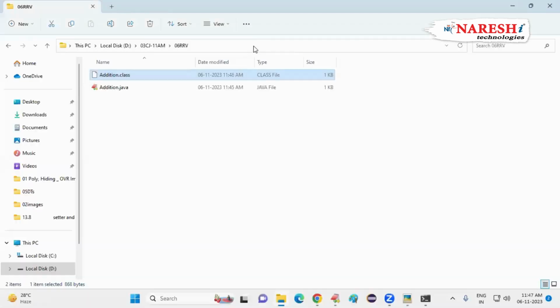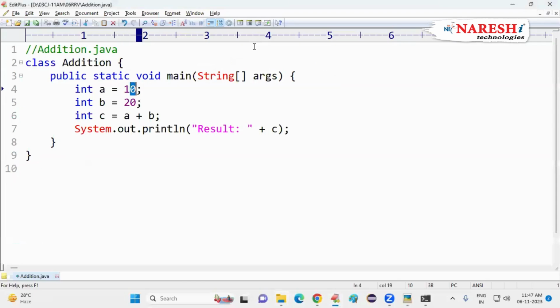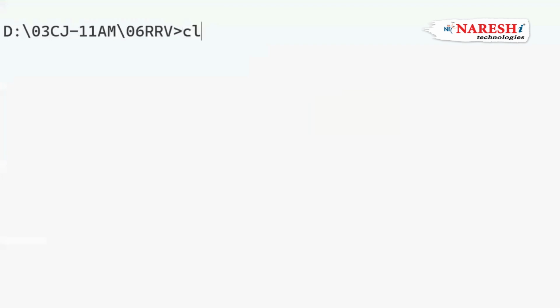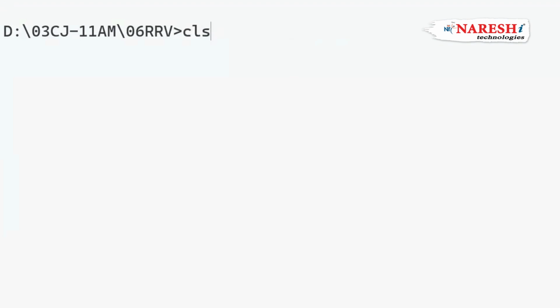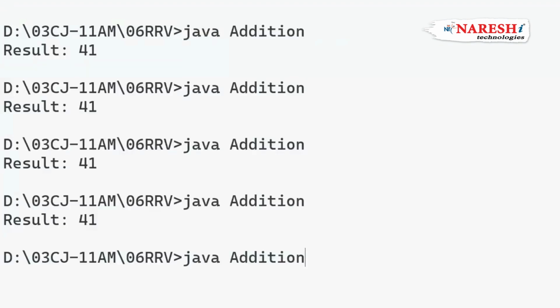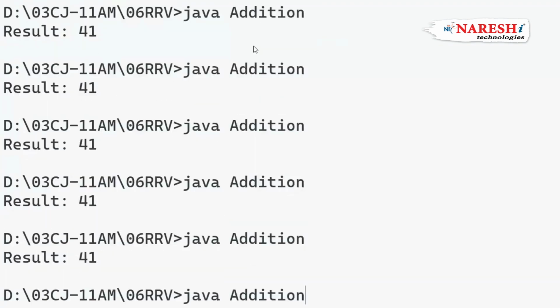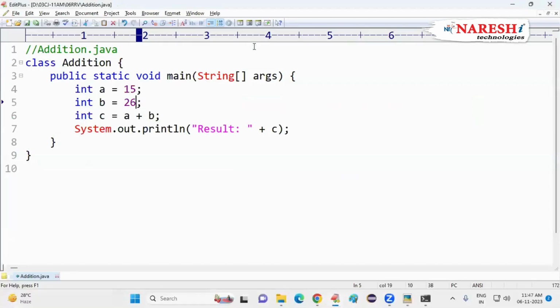Then as a developer, what you have to do? Open the source code again, change the values to 15, 16, 26, whatever, go to the command prompt, recompile, and then execute. New values will be added and we will get a new result, 41 always. Again, if you want to change, again open the source code and modify.